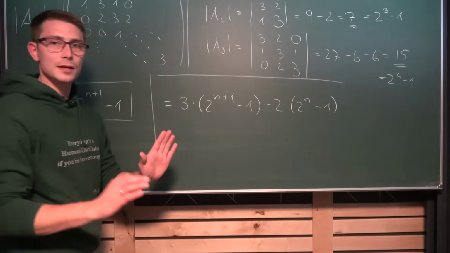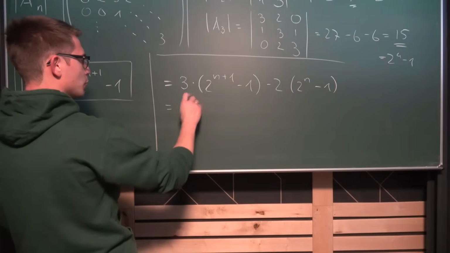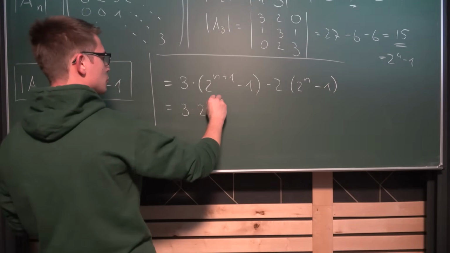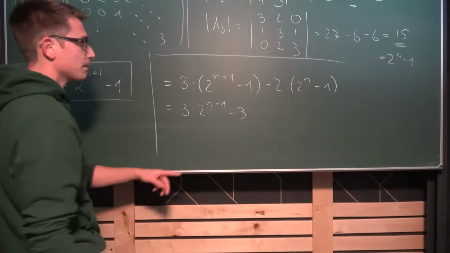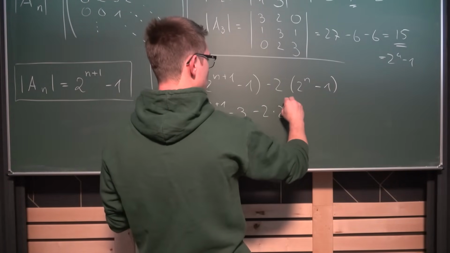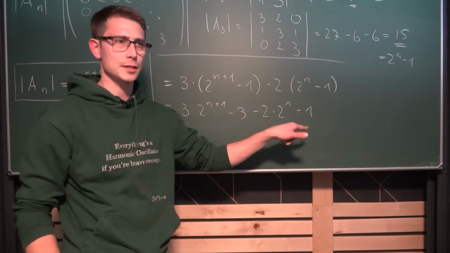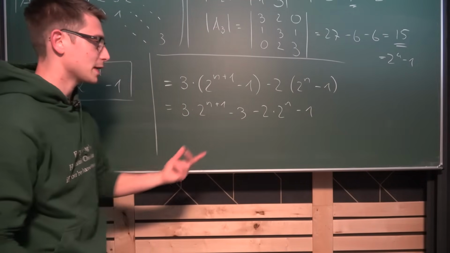Now let us try to simplify this a tiny little bit. So by multiplying everything out, we have 3 times 2 to the n plus 1 minus 3. Then we have negative 2 times 2 to the n minus 1, but 2 times 2 to the n is the same as 2 to the n plus 1.